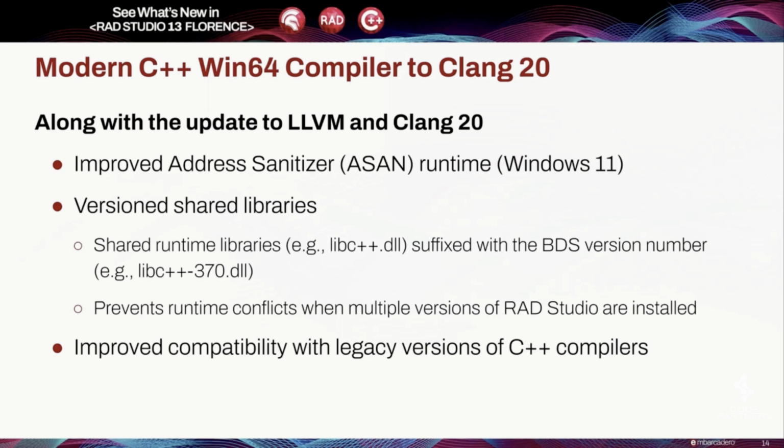This prevents conflicts when multiple RAD Studio versions are installed when you ship apps. And third is we improved compatibility with legacy C++ Builder toolchains, so it's easier for you to migrate and bring older projects forward. So we expect that now it will be easier to bring any projects forward, and it will be a smoother transition for you.